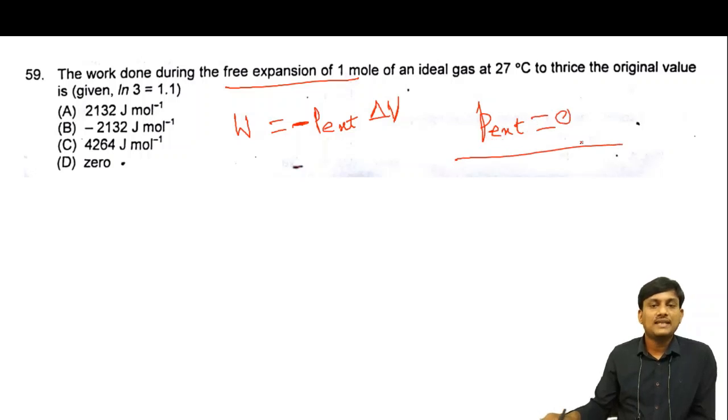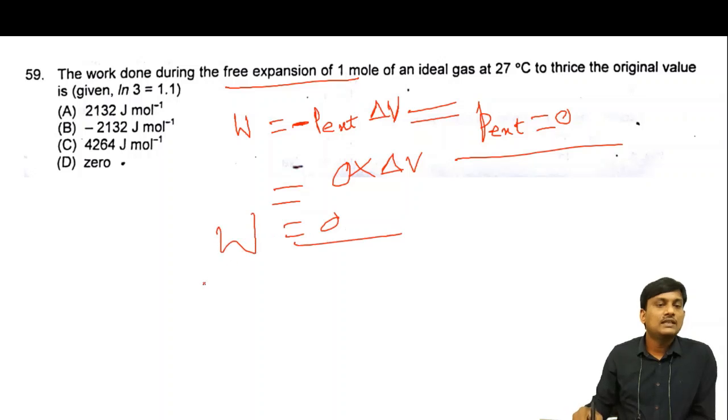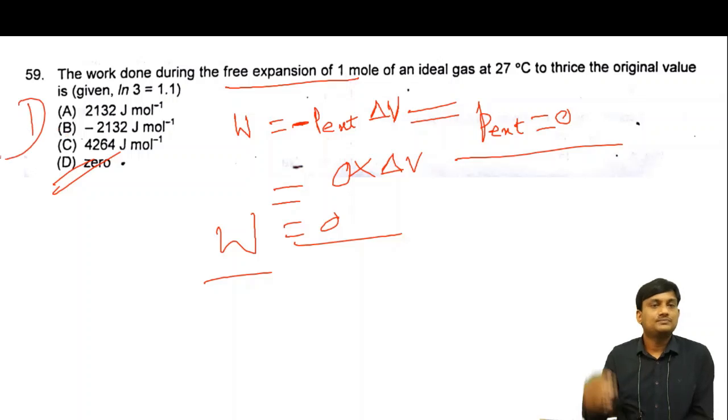So when P external is equal to 0, what is the work done? 0 into how much volume it changed, the total value will be 0. Work done in any free expansion process is 0. What is the correct option? D is the correct option.